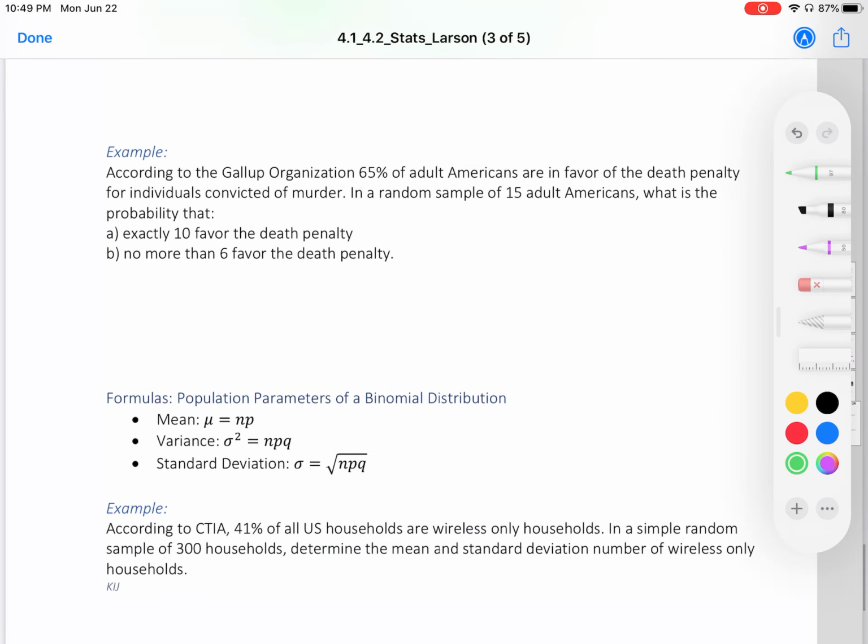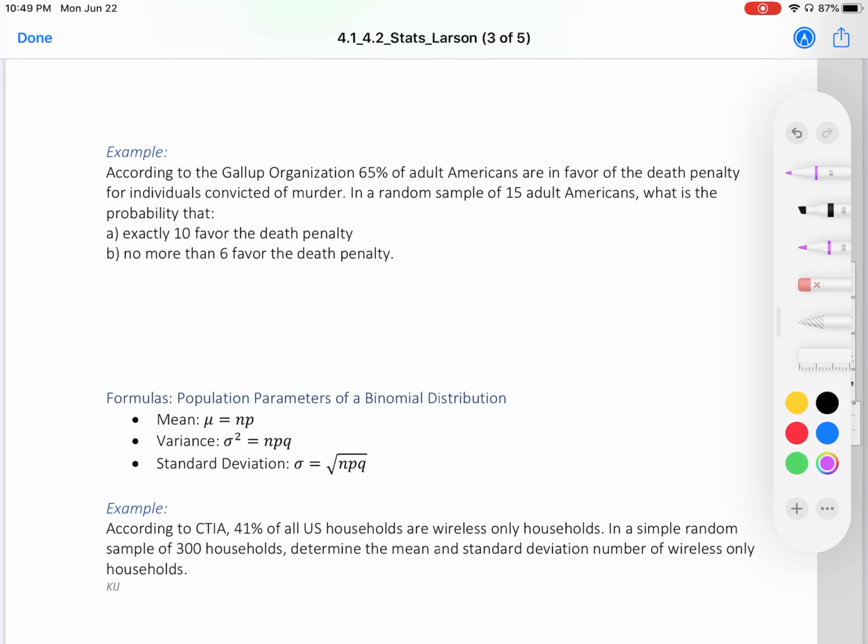Our next example. According to the Gallup organization, 65% of adults are in favor of the death penalty for individuals convicted of murder. In a random sample of 15 adult Americans, what is the probability that exactly 10 are in favor of the death penalty? No more than 6 are in favor of the death penalty.